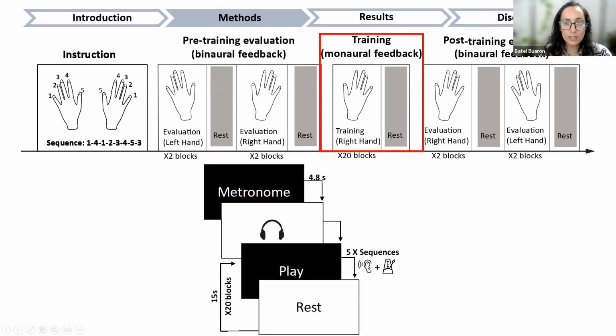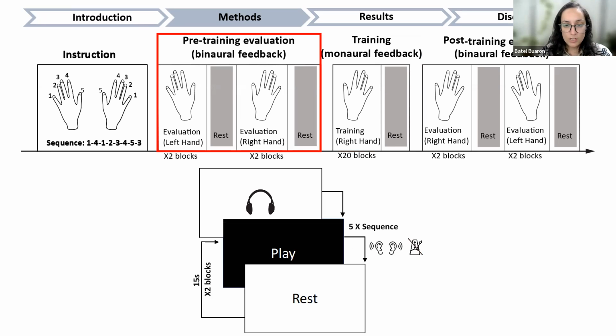Before and after each training, we gave participants an evaluation phase. In this evaluation phase, we asked them to do a similar task. So they had to play the sequence as accurately as they could, but they received feedback in both ears, and they didn't have the metronome. So they didn't have any external monitoring of their timing.